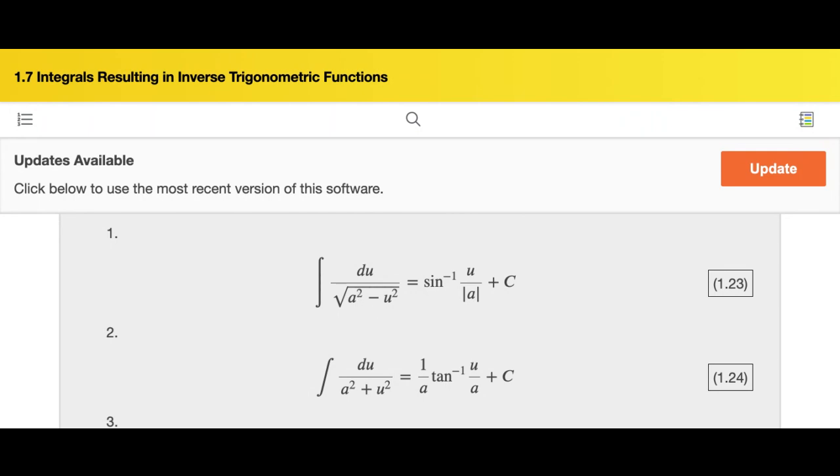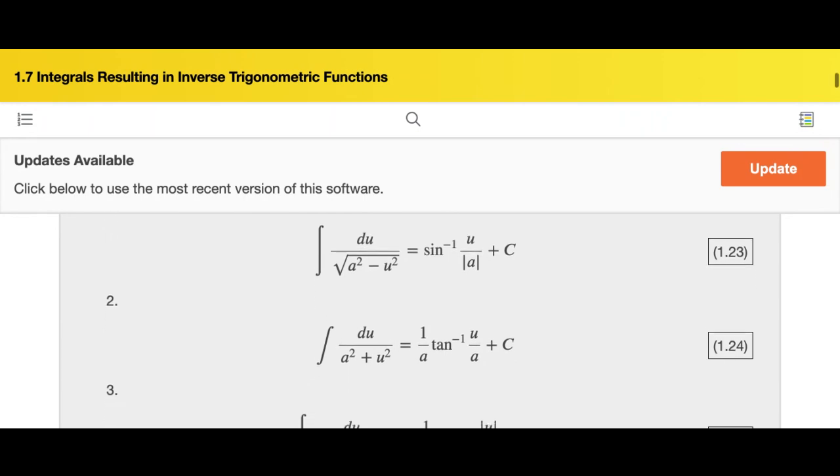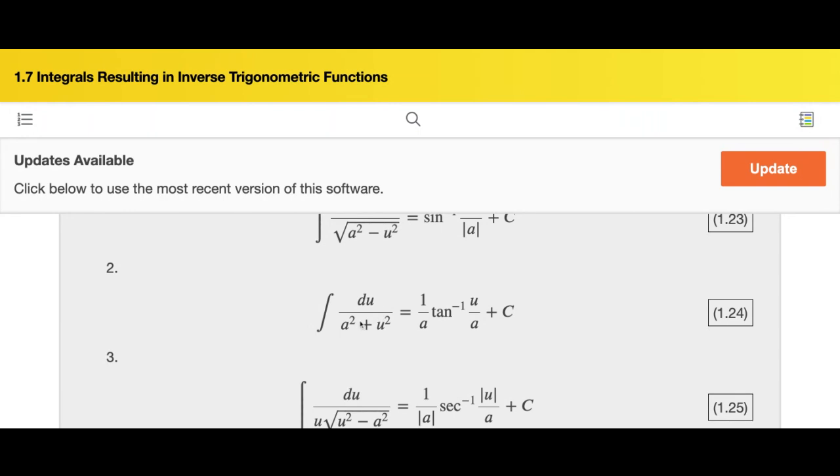Actually, I hope this text shows us a picture. It's all about you making a triangle. And arctangent, the denominator is a squared plus u squared. So 1 over a squared plus u squared. Arctangent, so we have 1 over a arctangent u divided by a.